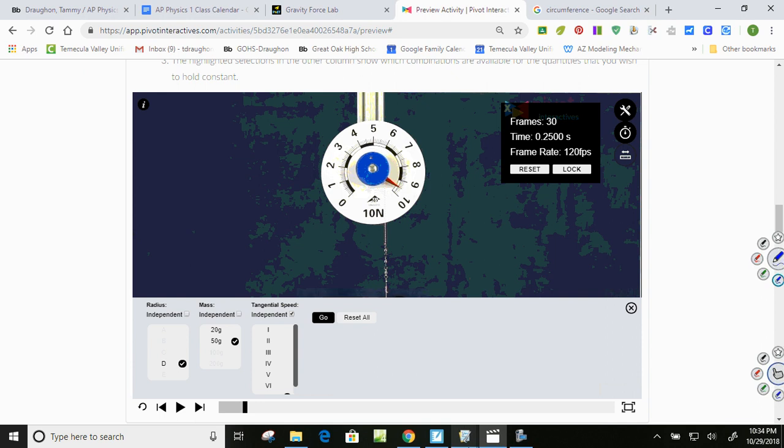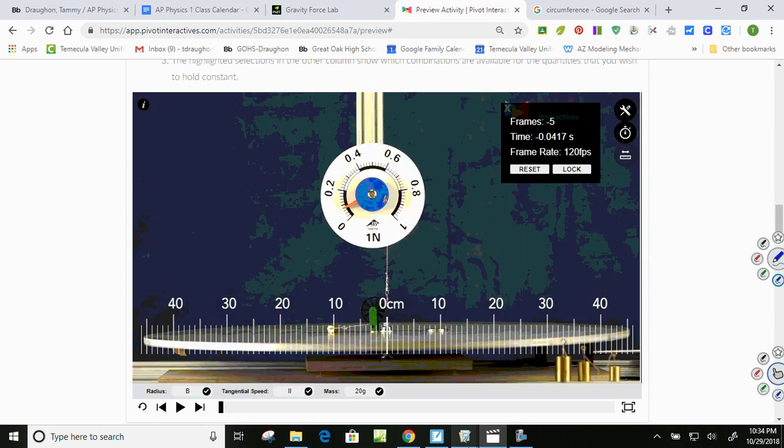On the data collection screen, it's really important that you select your independent variable and then also select the values for your constants. So in this case, I was selecting mass as the independent variable, and then I selected radius b and speed 2. And then I hit go. If I don't hit go, then it doesn't set the device to actually show me the correct data. So I would have trouble. So make sure I hit go, and then I'm ready to take the data.